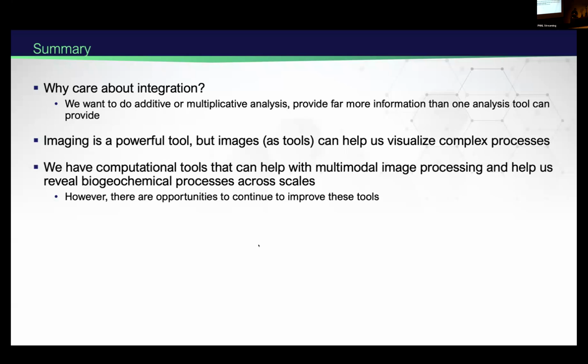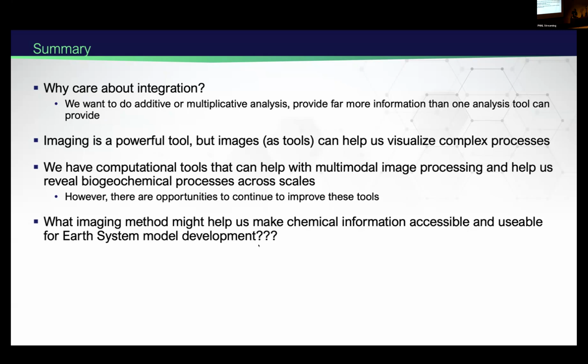And then we have computational tools that can help with multimodal image processing and help us reveal biogeochemical processes across scales already. But as we see, there's a lot of opportunity to continue to improve these tools. And that's why Sam comes and gives talks. And I want to try to answer this question, because the more I hear about this and think about this: what imaging method might help us reach our goals to make this chemical information accessible and usable for Earth system model development across scales?